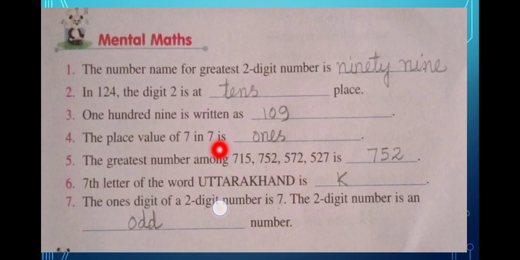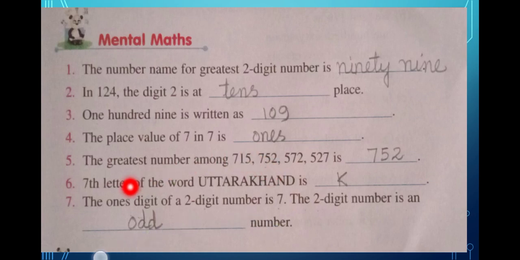So that means 7 is in ones place. Okay. Now number 5 is the greatest number among. So what is the greatest number among all these? Obviously it is 752, isn't it? Both are with 7, but the tens place it is 5 and it is 1. So 752 is greater.